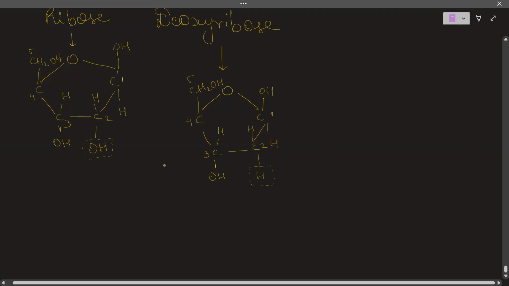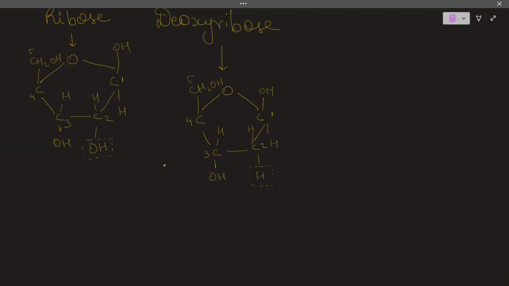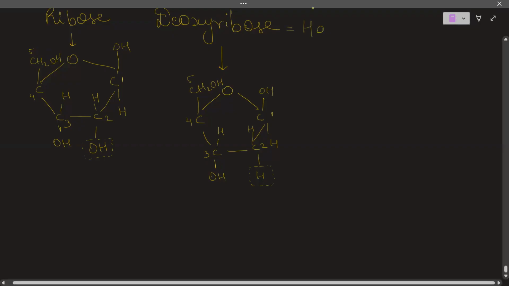So always remember that the deoxyribose sugar has no OH group at 2' carbon. Clear? This dash refers to prime. I'll write it here so that you remember. This is 2' carbon. Clear, students?